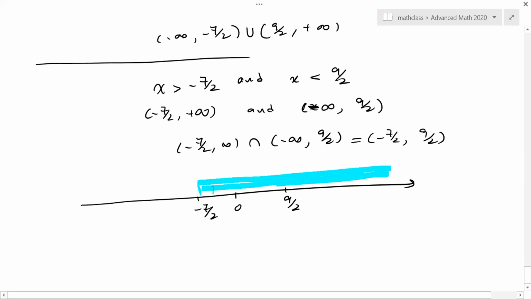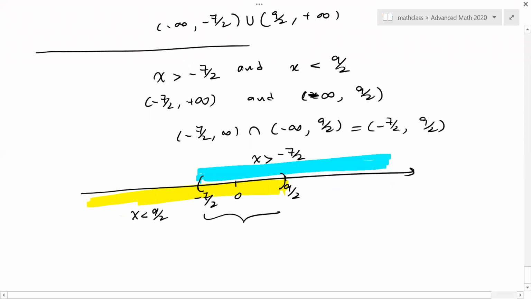Okay, let's draw this. This means x is greater than negative 7 over 2. But at the same time, x should be in the interval less than 9 over 2. So this is x less than 9 over 2. So then x must be in the intersection of those two intervals. The intersection of those two intervals would be here.